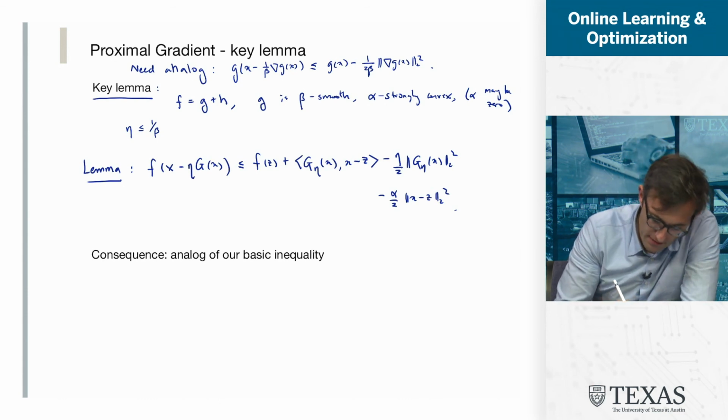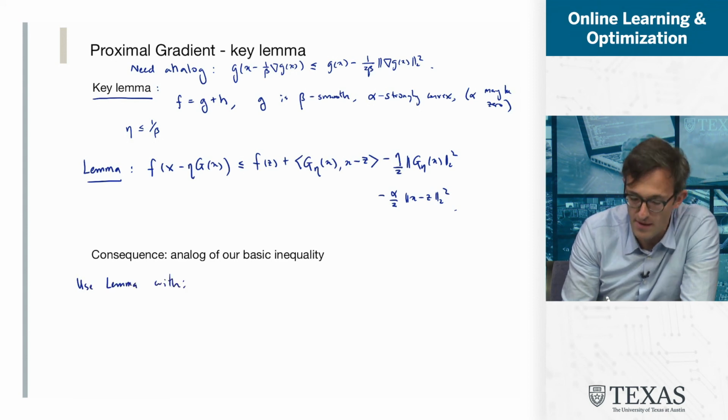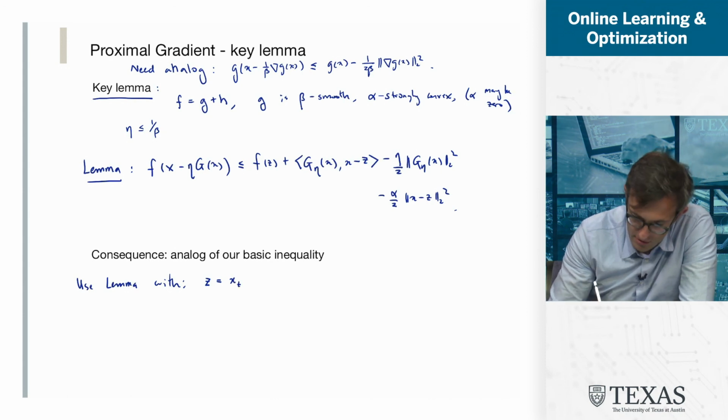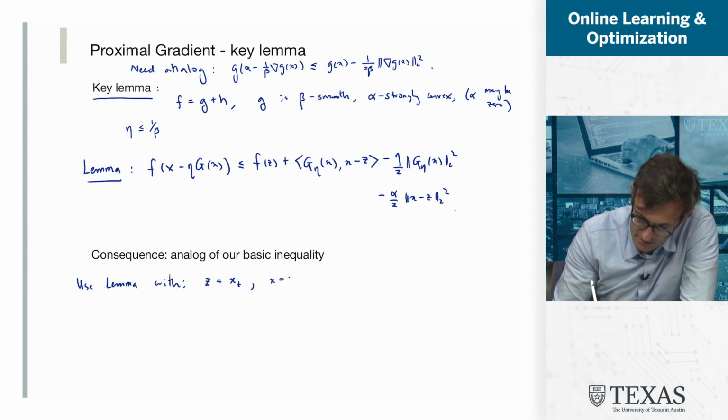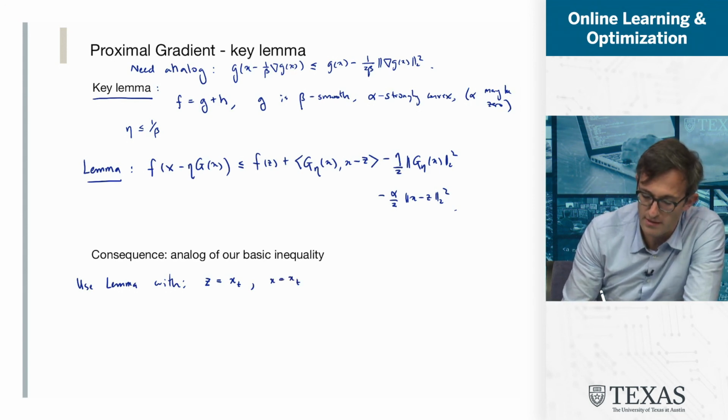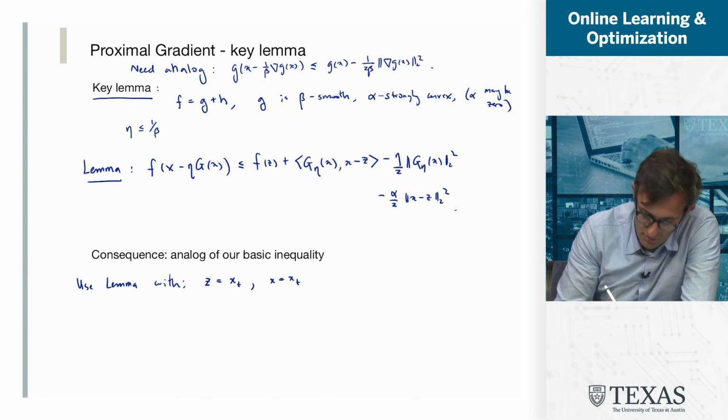Let's use the lemma. This lemma has an x in it and it has a z in it. So I'm going to set z equal to xt, and also set x equal to xt. In other words, z equals x. So plugging in z and x equal to xt, what do I get?